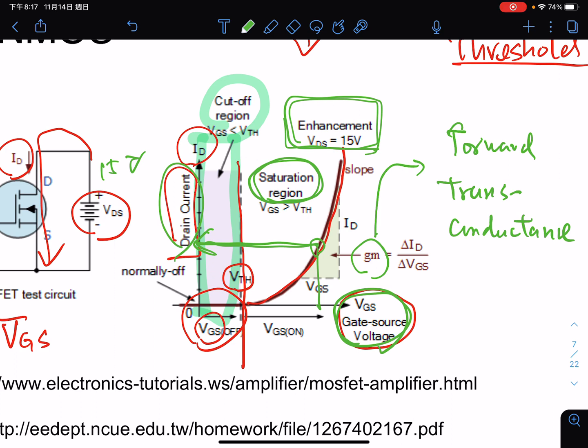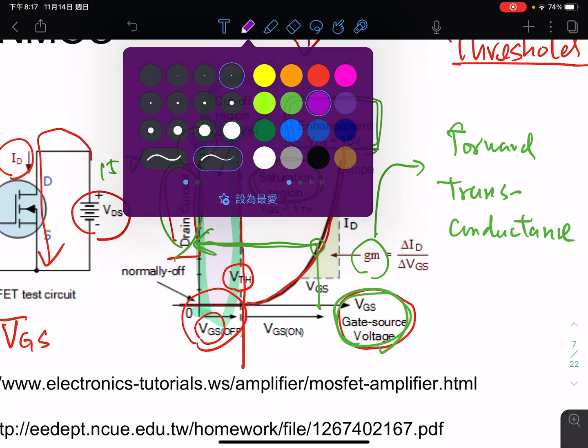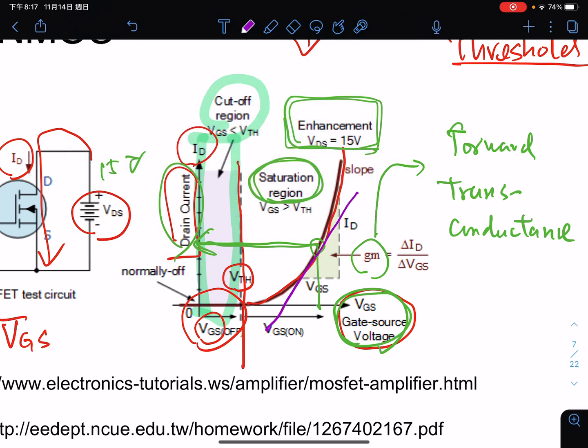And the GM actually is the slope here, which is the delta ID, the delta drain current, divided by the delta VGS. This one is ampere, right? And this one is volt.